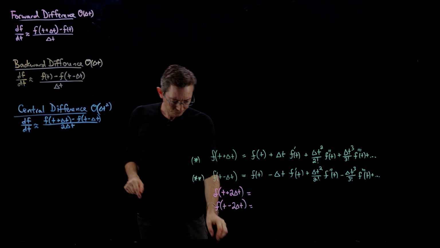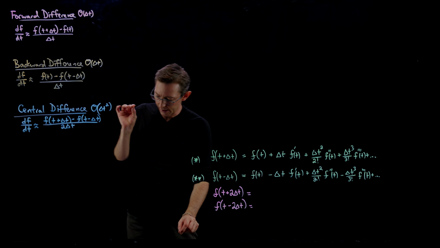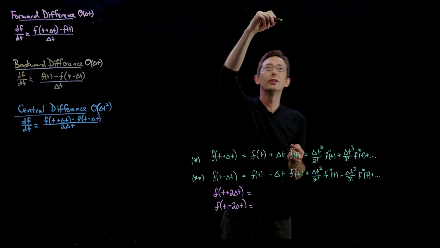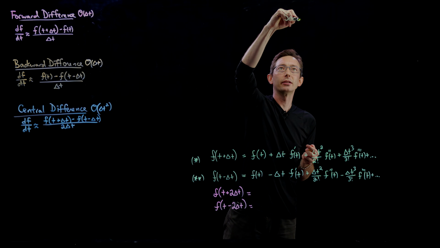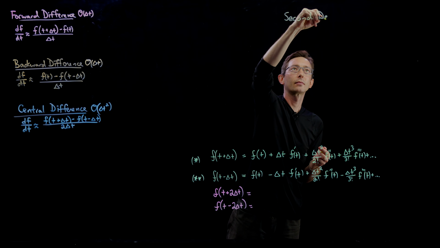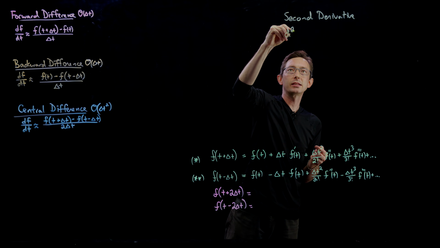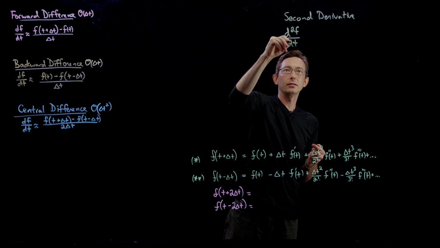Good. And so maybe I'll just start with the second derivative, and I'll start with the definition. The definition of the second derivative is d squared f dt squared.